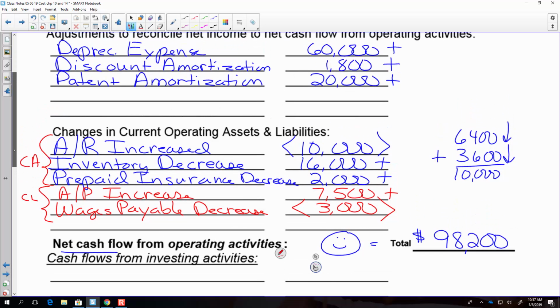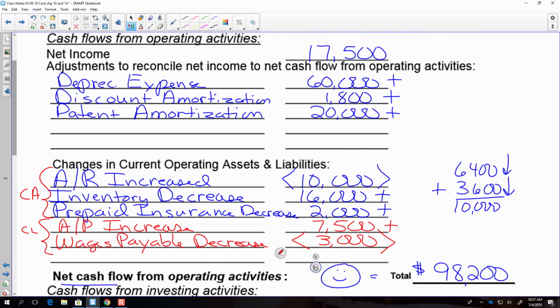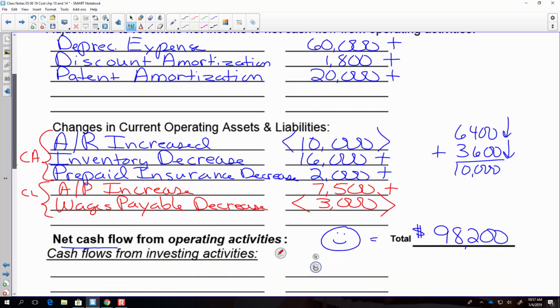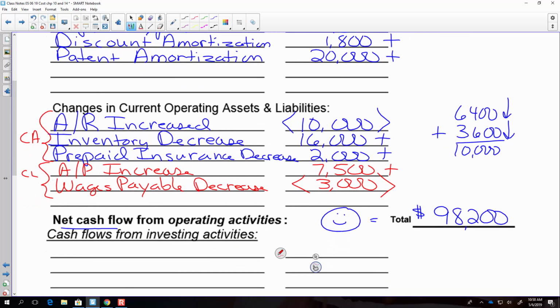So starting with 17,500, adding 81,800, and then my current section, what do we end up with? 111,800. Can we confirm that? Cengage confirmed.